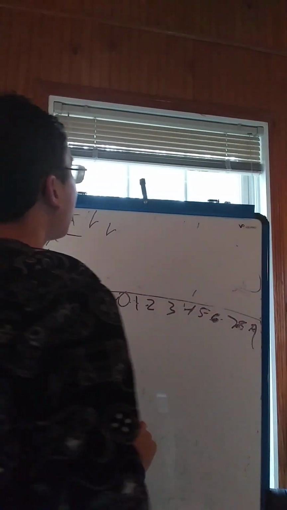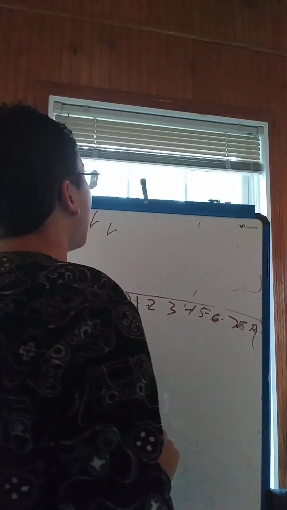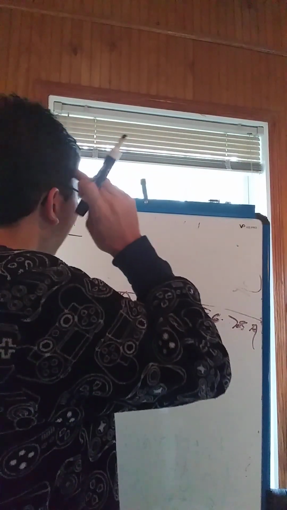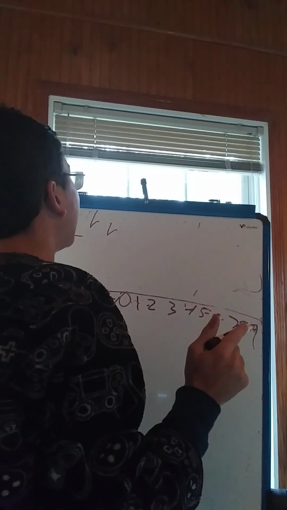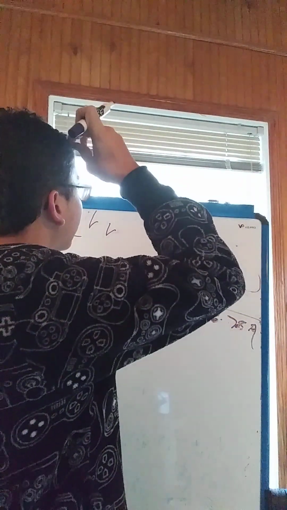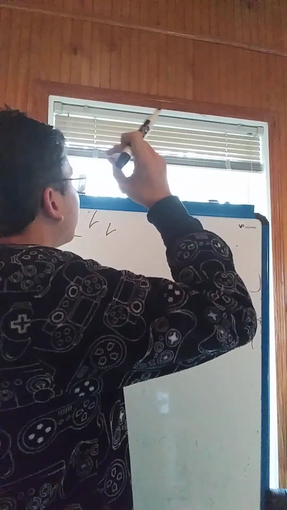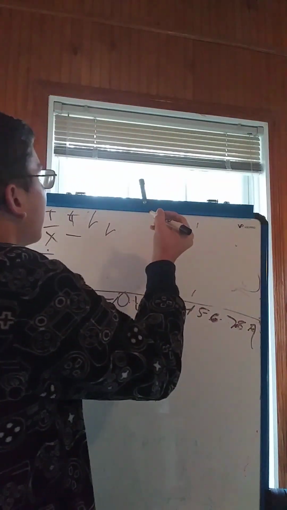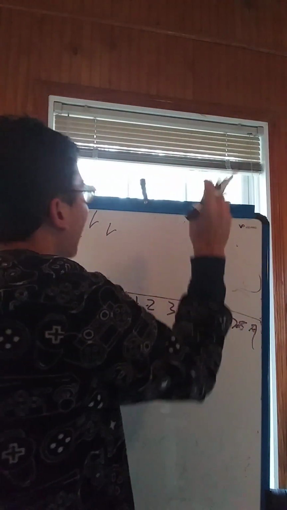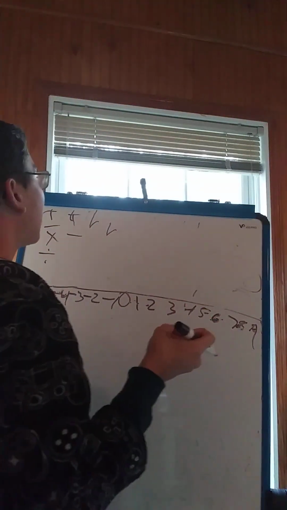So the rule is for multiplication is when you have two. So, actually, let's not go there.